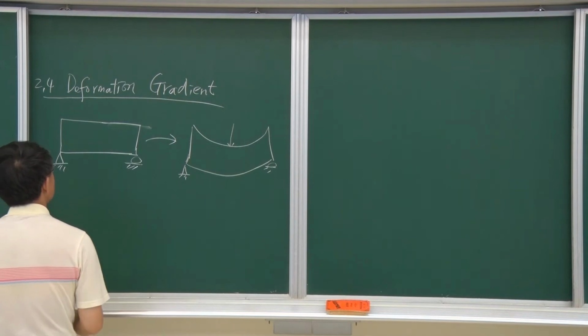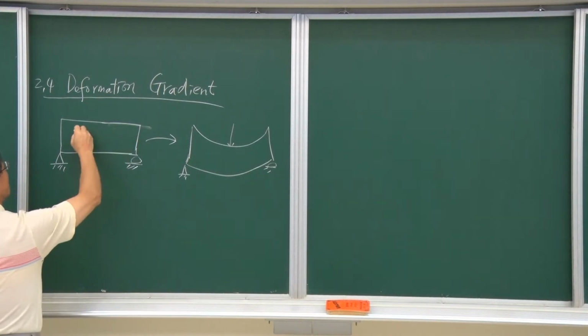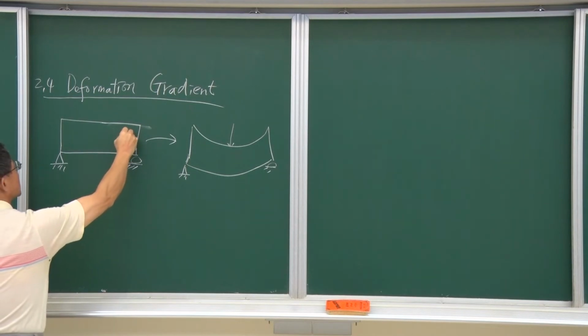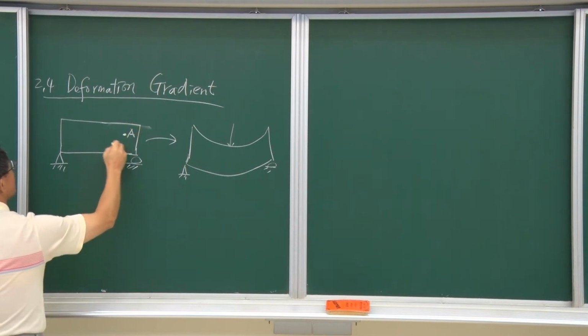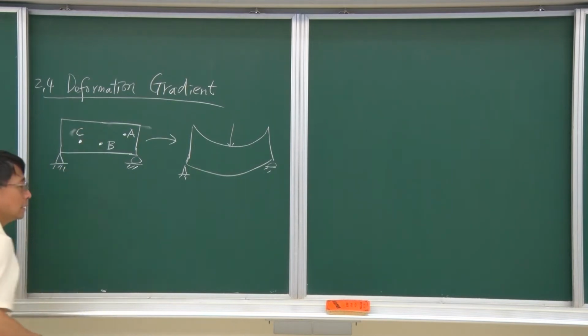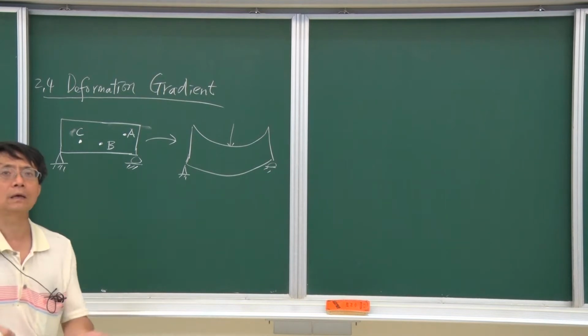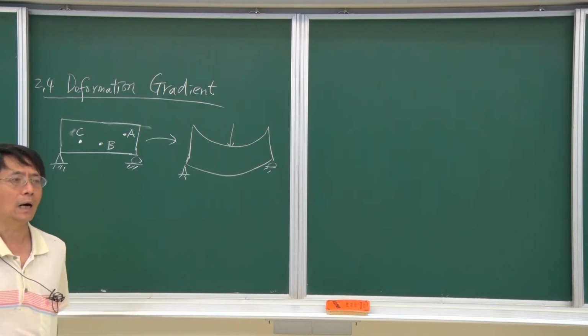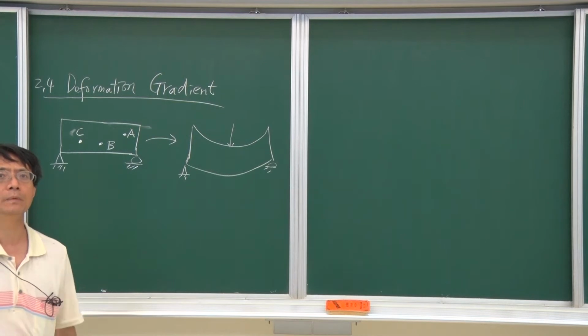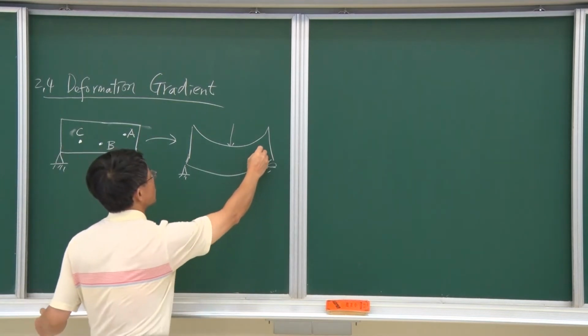And then inside, every point, for example point A, point B, point C, you see there are a lot of material points, in fact infinitely many inside a beam. Okay, so these points will also deform.